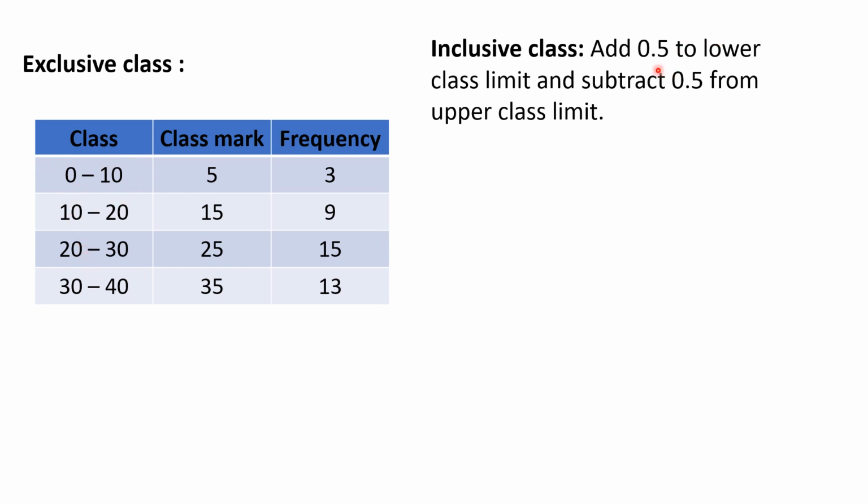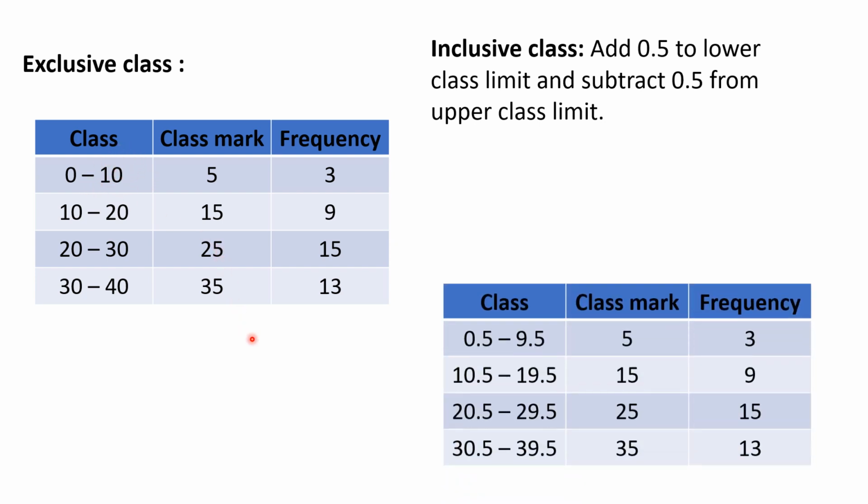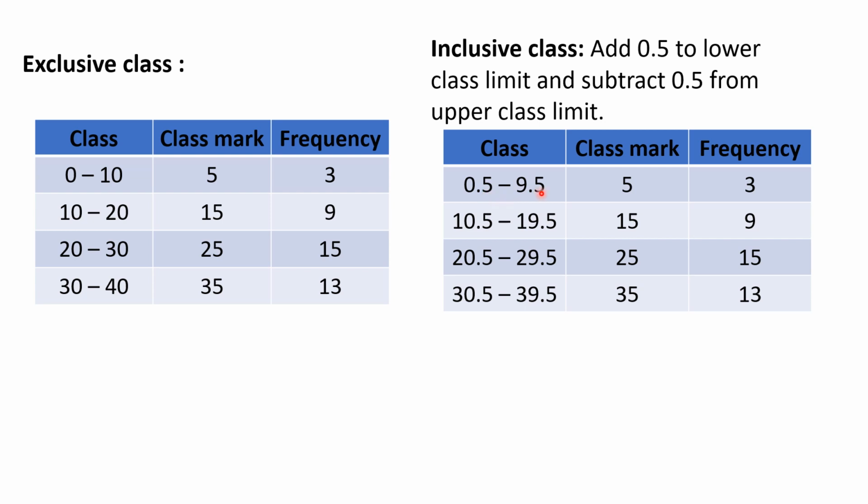So you get 0.5 to 9.5: adding 0.5 to the lower limit, and 10 minus 0.5 gives 9.5. Here also, 10 plus 0.5 gives 10.5, and 20 minus 0.5 gives 19.5. Then 20 plus 0.5 gives 20.5, and subtracting from the upper class limit you get 29.5. You can see the class is not continuous, so it is an inclusive class.